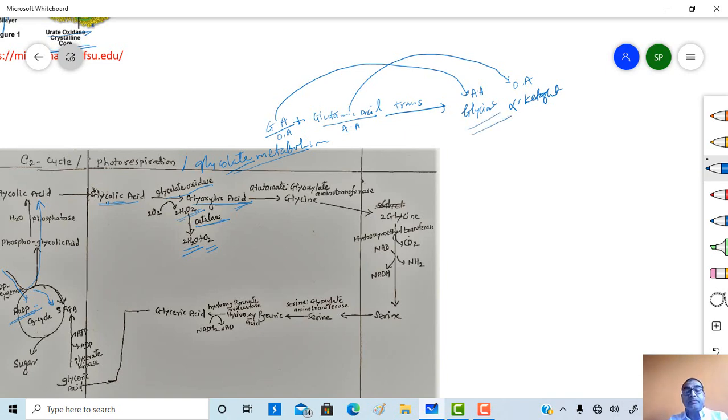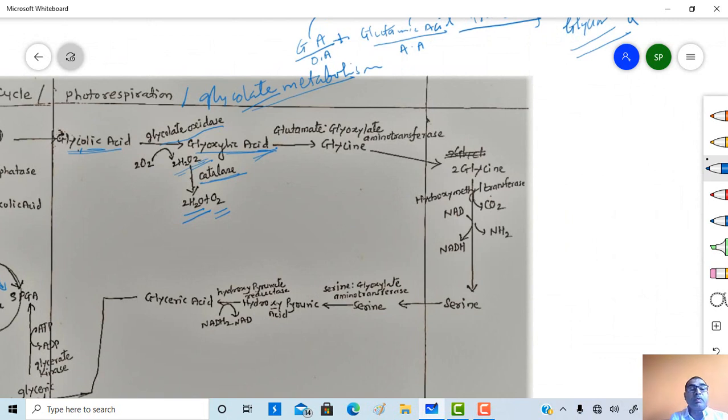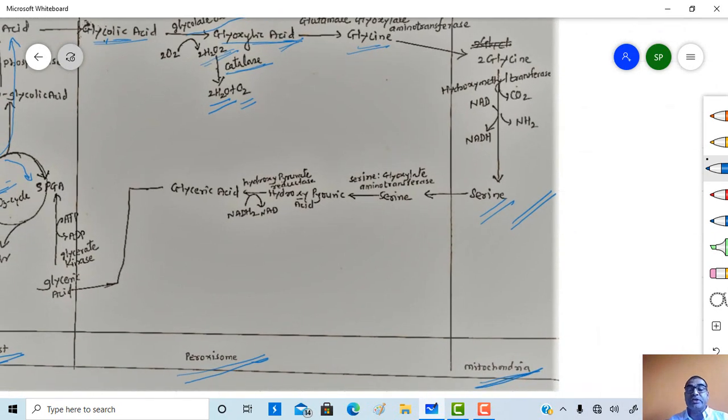If you see here again, from glyoxylic acid, glycine is produced, which is an amino acid. This glycine enters into the mitochondria where it produces serine, which is an amino acid. Okay, it condenses again with glyoxylic acid, which is an organic acid.